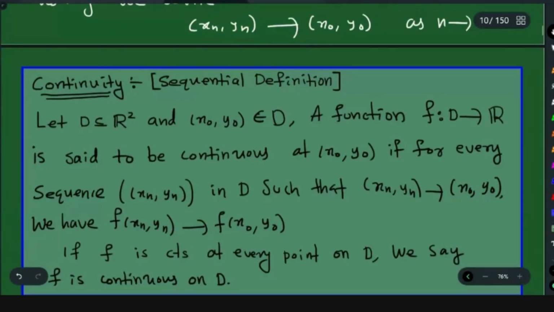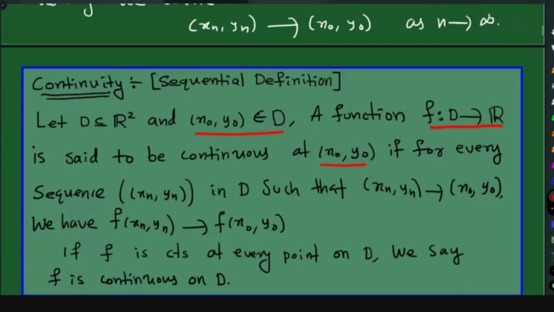You have a function f from D to R and (x0, y0) is a point in D. We say f is continuous at the point (x0, y0) if for every sequence, whatever sequence you take from D, such that (xn, yn) converges to (x0, y0), we have f of (xn, yn) converges to f of (x0, y0). So for all sequences (xn, yn) which converge to (x0, y0), f of (xn, yn) should converge to f of (x0, y0). In that case, we say f is continuous at (x0, y0).